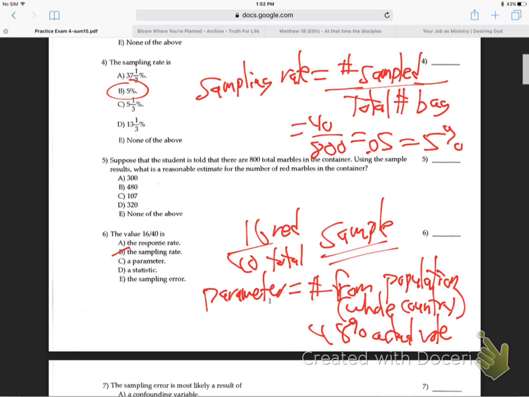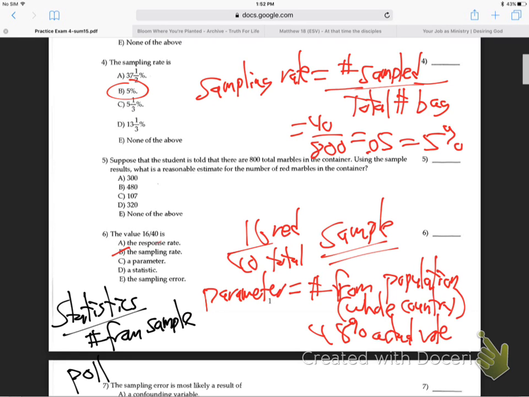So parameters are always from the whole deal, the real population, whereas statistics are a number from a sample. So that would be like when they polled and they said Trump would only get 47%.